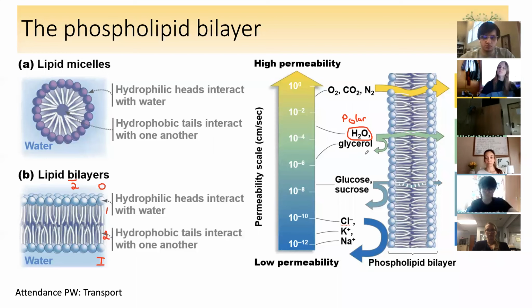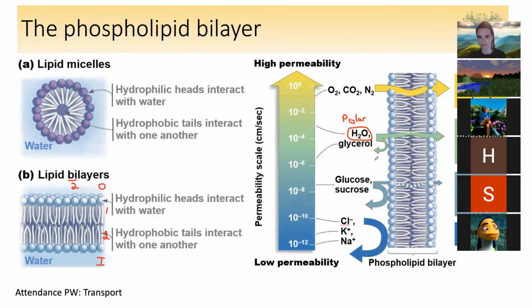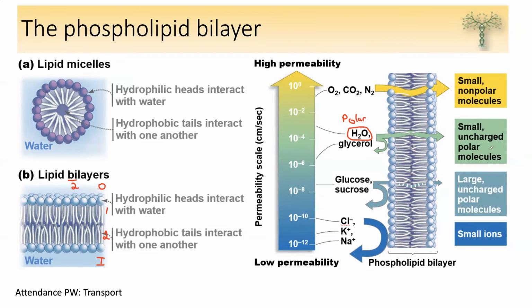I had a question just about, I mean, it's relating to water here. It says that O2, CO2, N2, small nonpolar molecules can go through pretty much without any restrictions, but small uncharged polar molecules. Does it say uncharged just because it's not explicitly charged like an ion, but the molecule itself is still polar? Yeah, so uncharged.